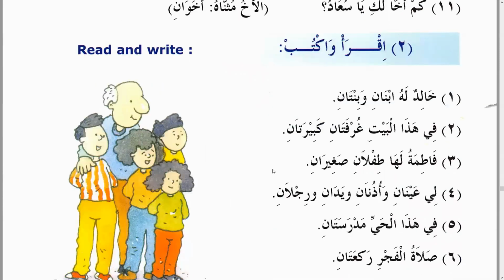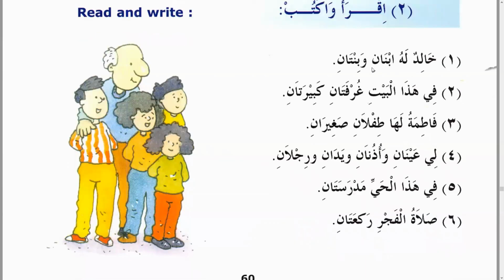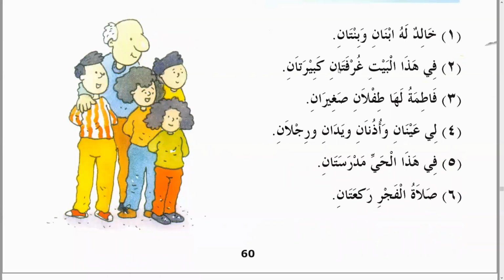Next, we have some reading exercise. Khalidun lahubnani wa bintani. Khalid has two sons and two daughters. All he's trying to do is make us familiarize with the dual numbers 1 and 2. في هذا البيت غرفتان كبيرتان.